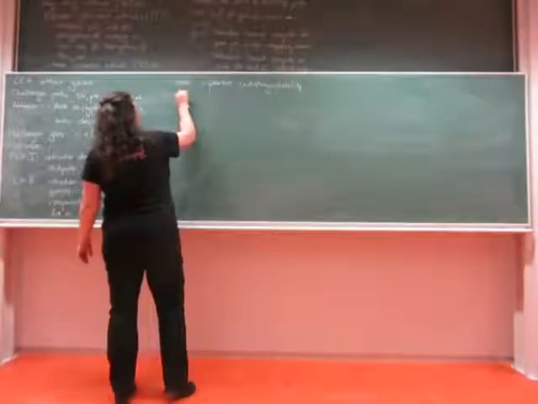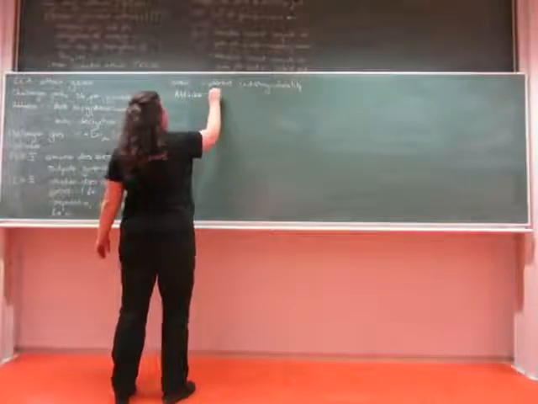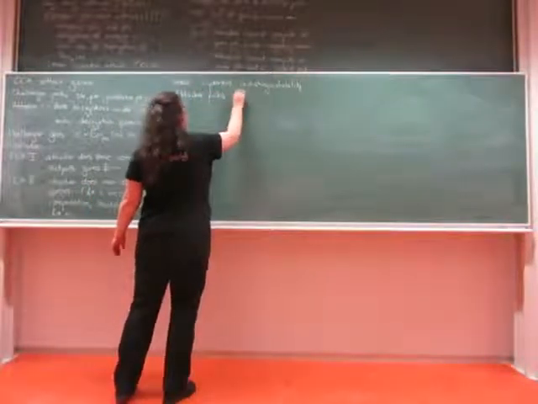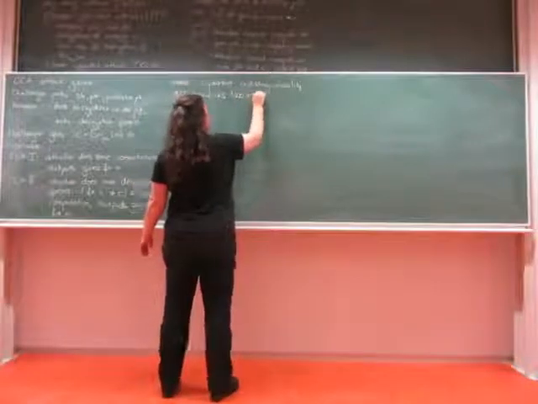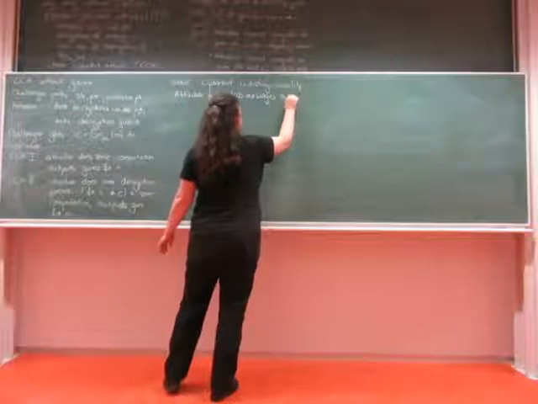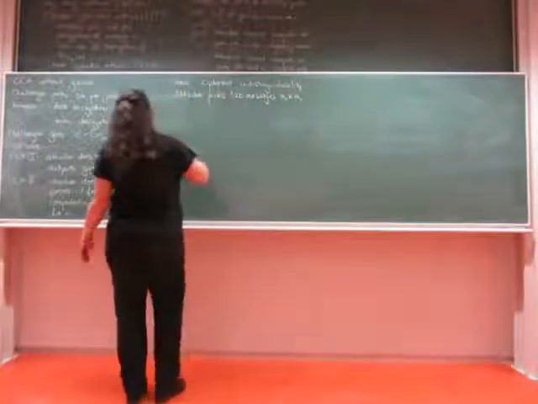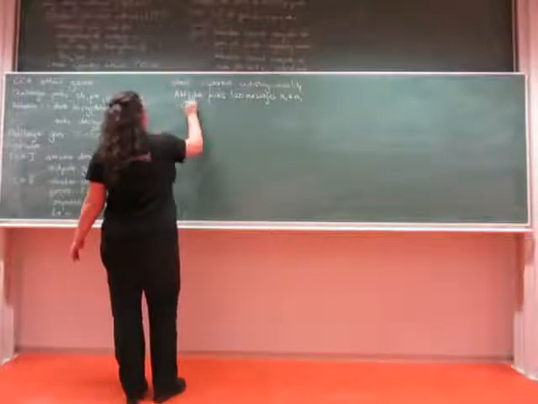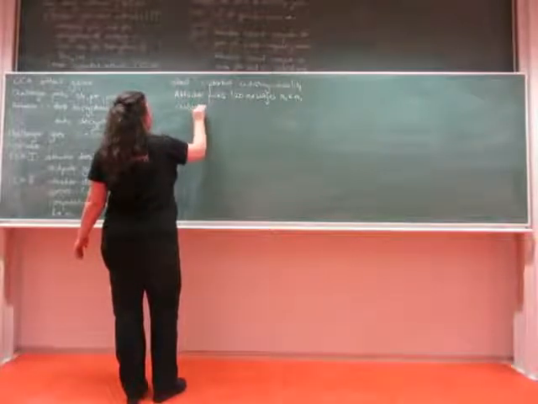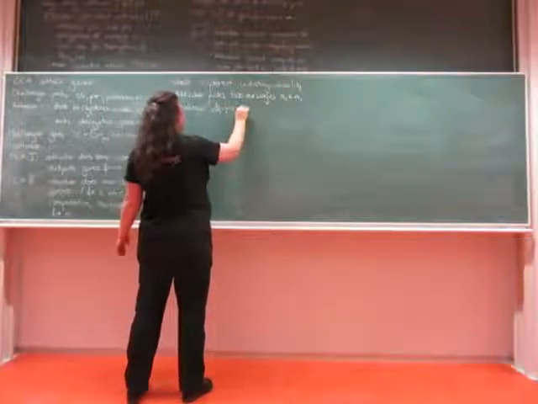So the attacker picks two messages, M0 and M1. Then the challenger picks randomly, so he flips a bit.